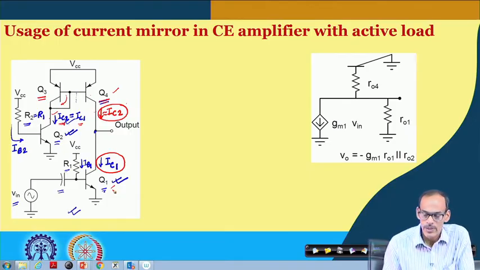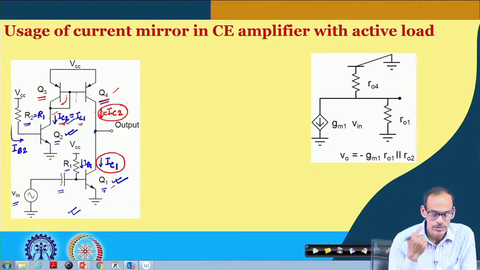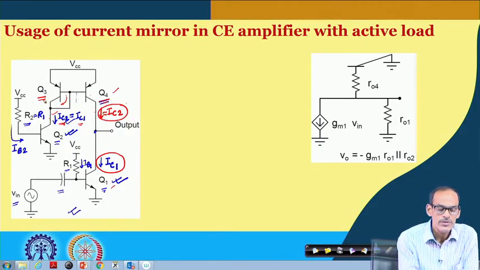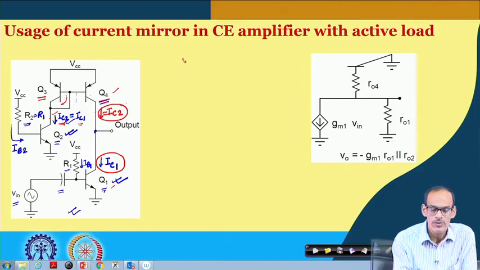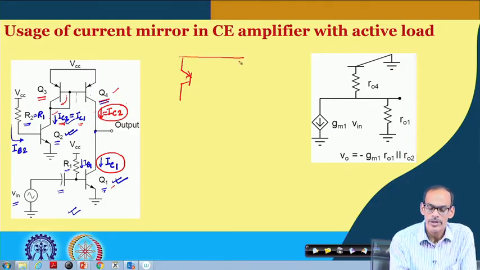Right. Here you might have observed one important change in the current mirror. If you see this Q3 and Q4, they are forming a current mirror, but the type of transistors we have used here is PNP. So, we do have PNP transistors, and we do have a current flow here.